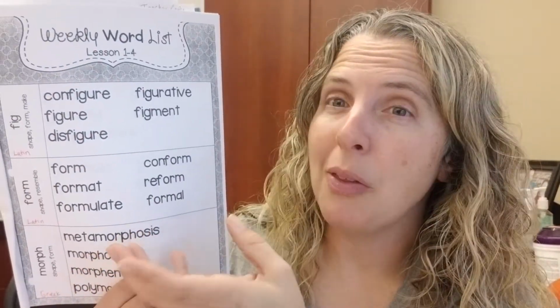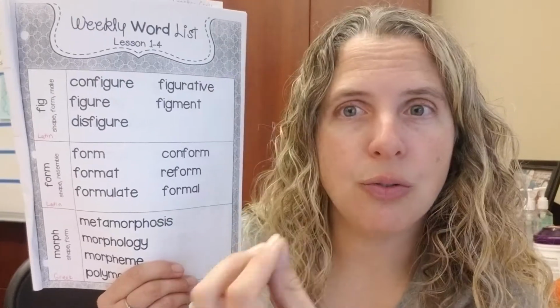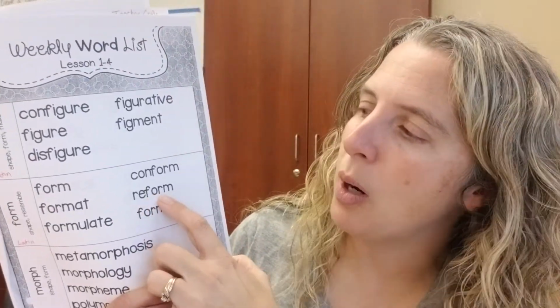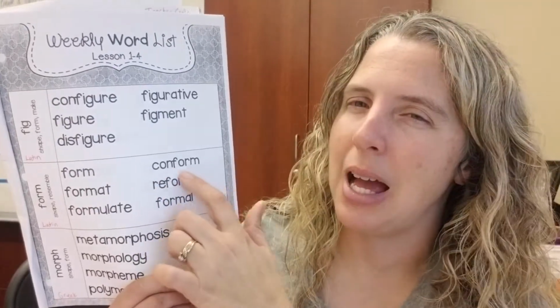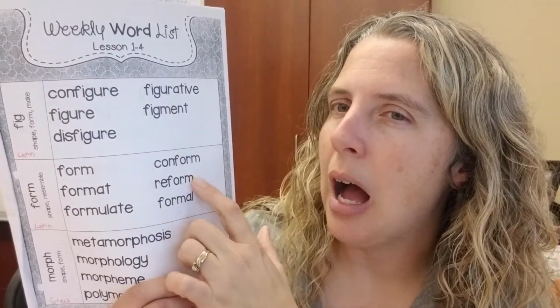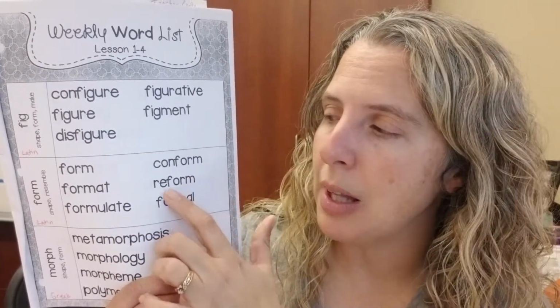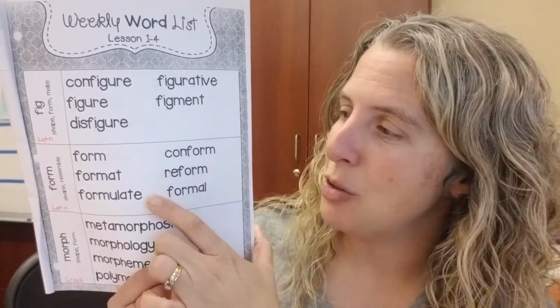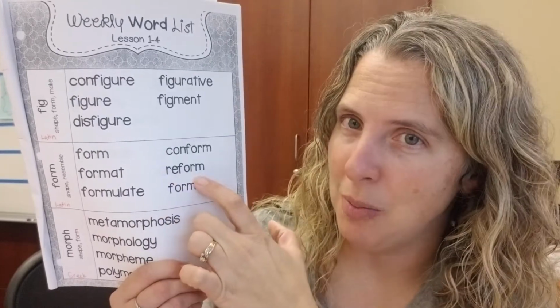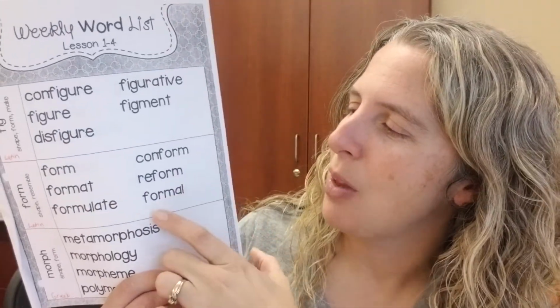Whether you agree with them or not, you follow them. Reform is to form again. A lot of times that has to do with changing, or like reform school. That means maybe somebody did not conform to the rules, so they go to a school to reform what it looks like to follow rules.